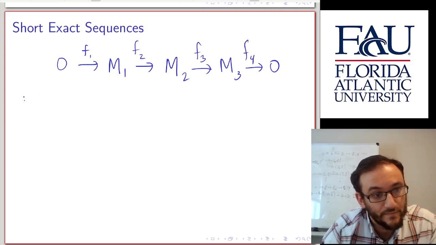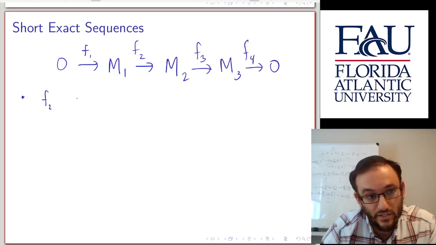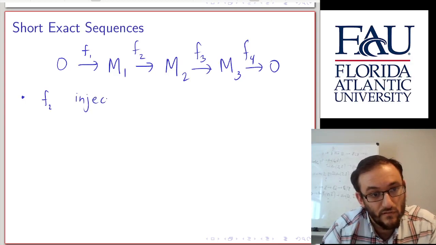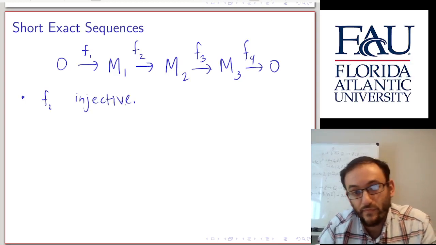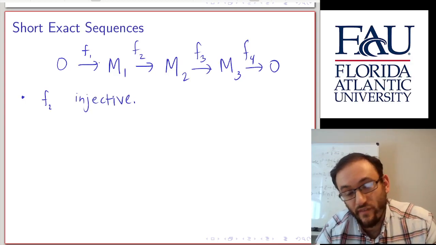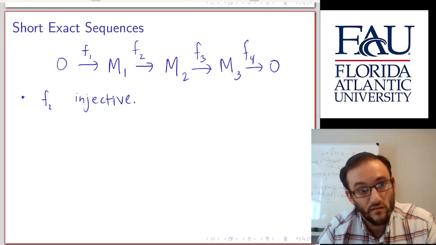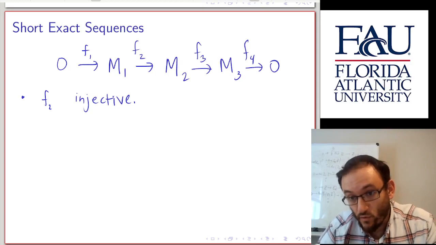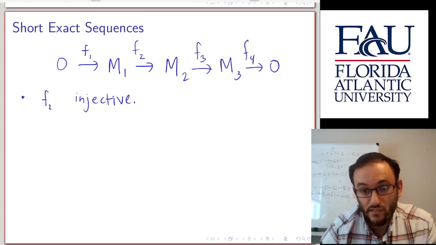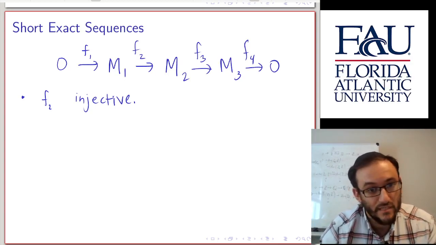So first up, F2 is injective, right? Because the image of F1 is just the zero element of M1. And since that's equal to the kernel of the next map, that means the kernel is equal to 0, which means the map is injective.